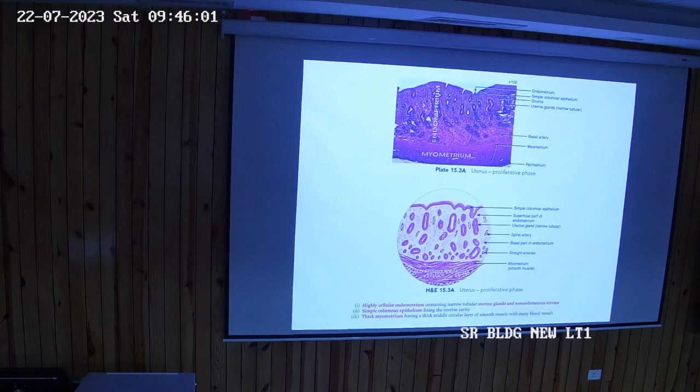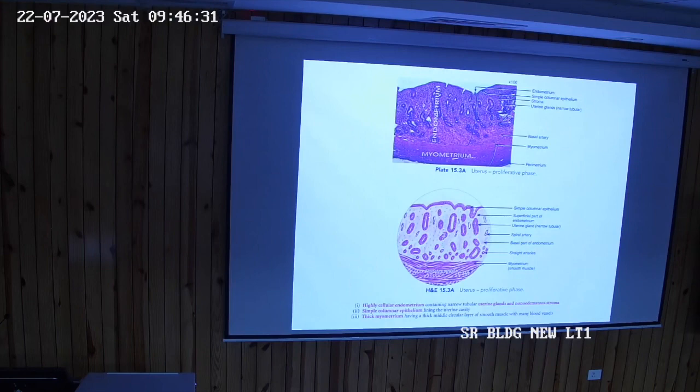Now look at the diagram. The epithelium of the endometrium is simple columnar epithelium. Lying below it is the lamina propria of the uterus, which consists of loose connective tissue, blood vessels, nerves, and so on.